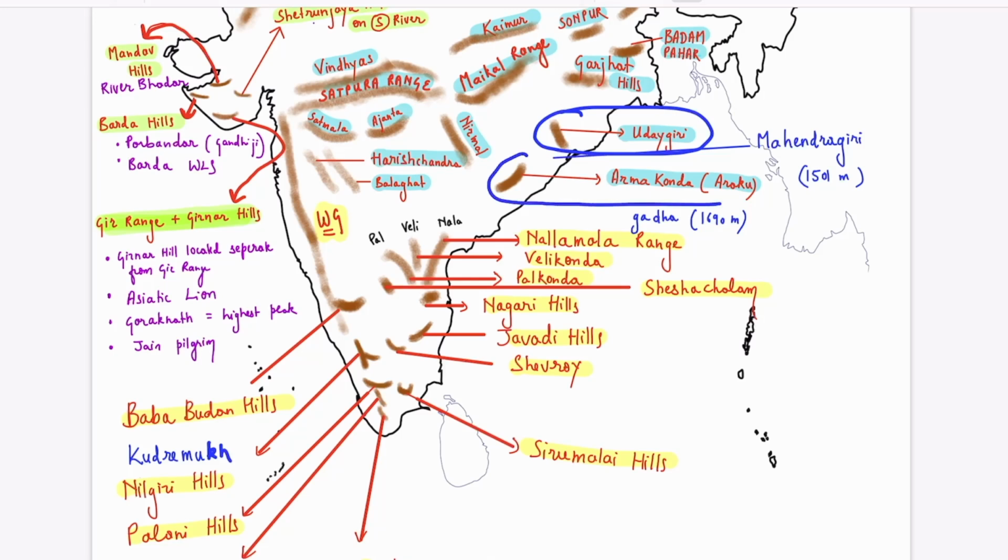After Udaygiri we have Armakonda, Araku Valley, which we have already seen. Then we have the Nalla Malla range here. Then we have Velikonda and Palkonda. Then we have Shesha Chalam. Then we have the Nagari Hills, Javadi Hills, Chevro Hills. And then there is one Shirumalai also.